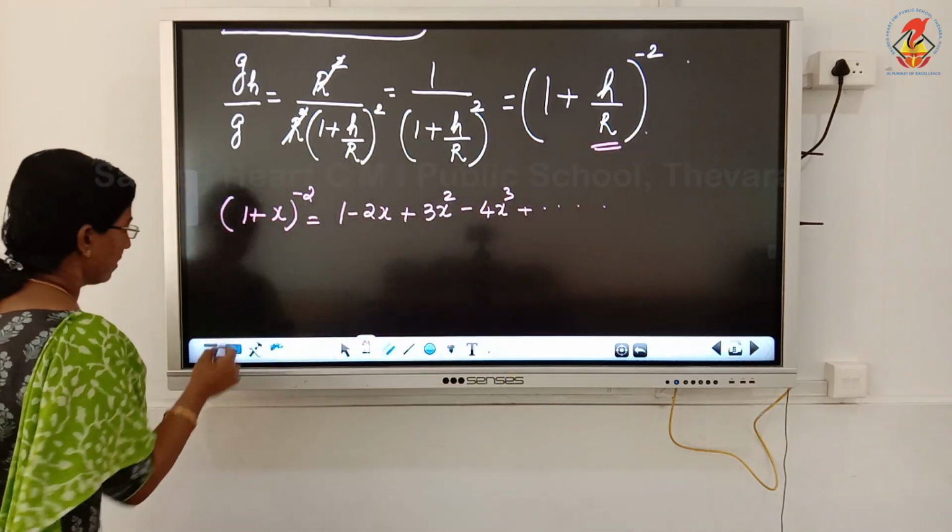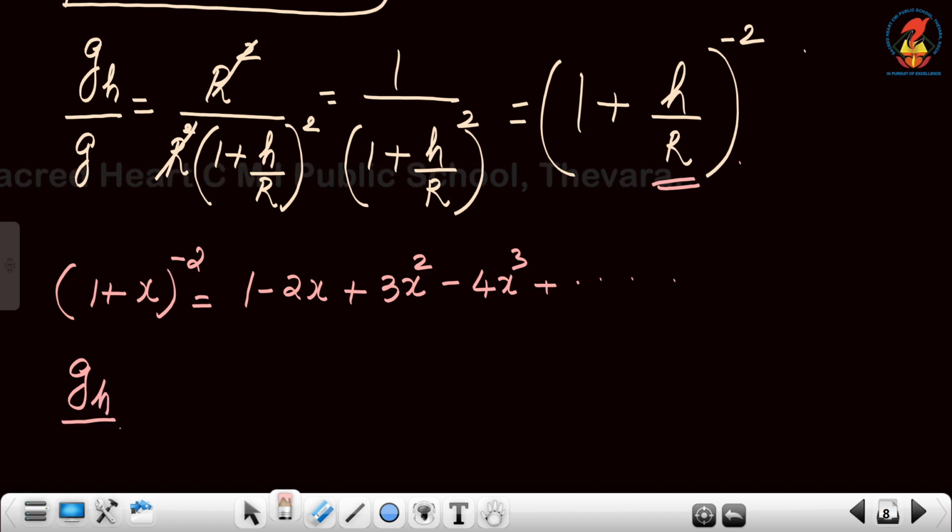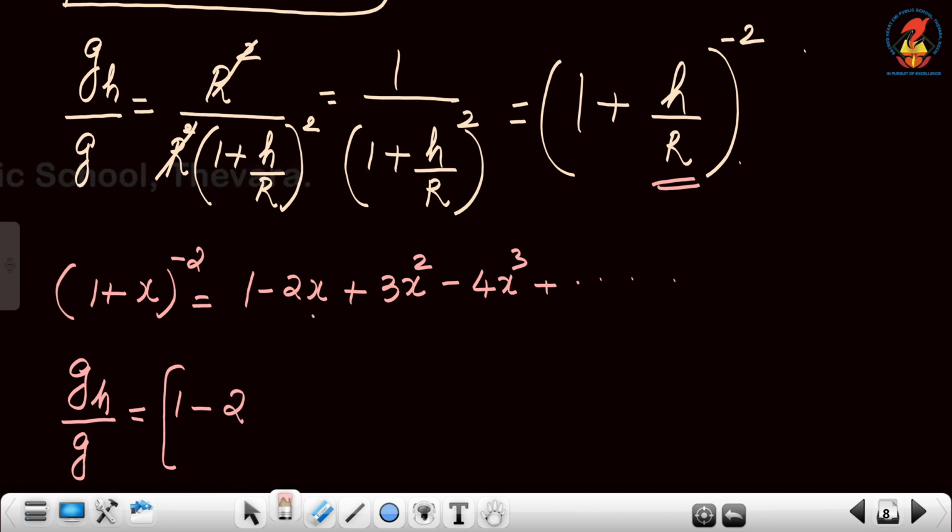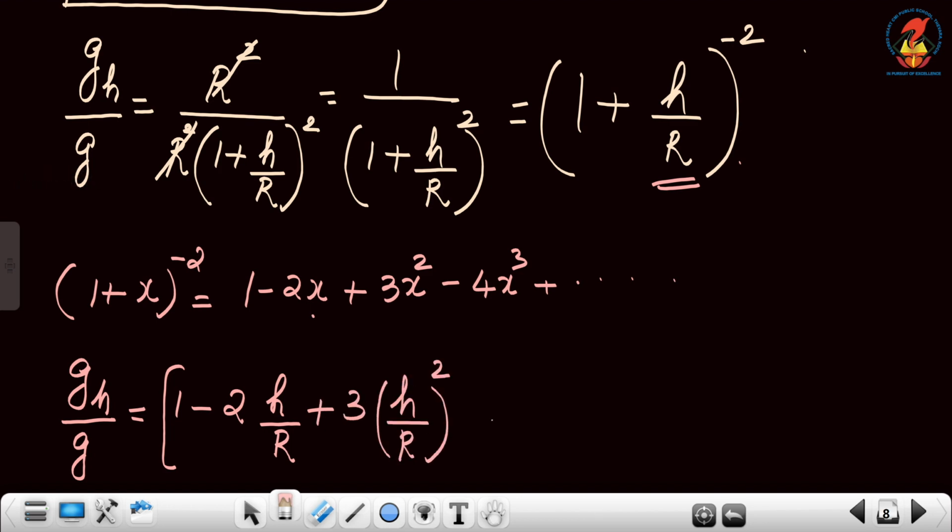So I am going to write g_h by g is equal to 1 minus 2 into h by r plus 3 (h by r) the whole square plus the higher powers of h.